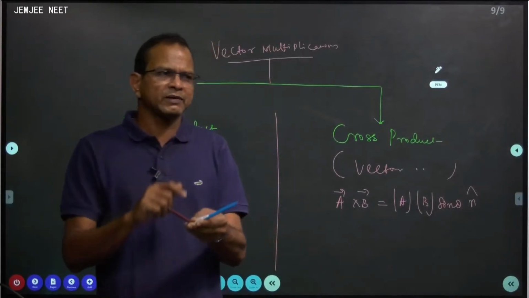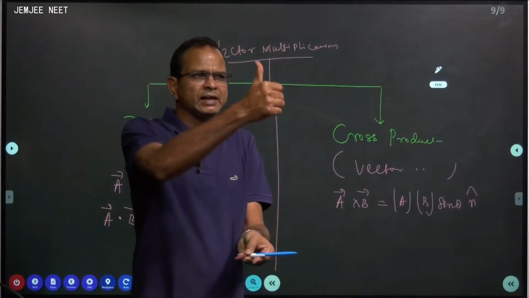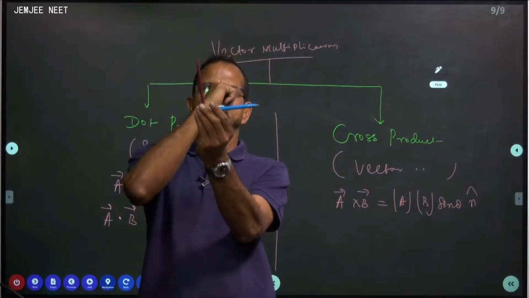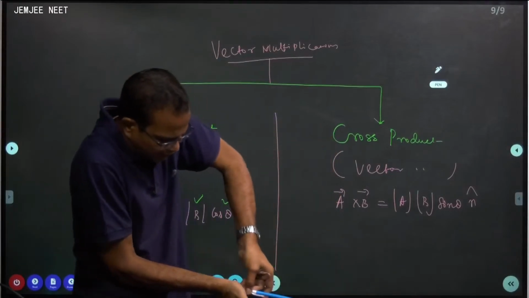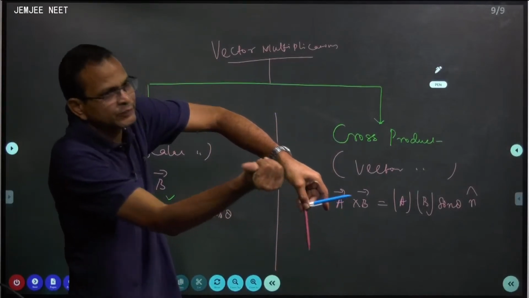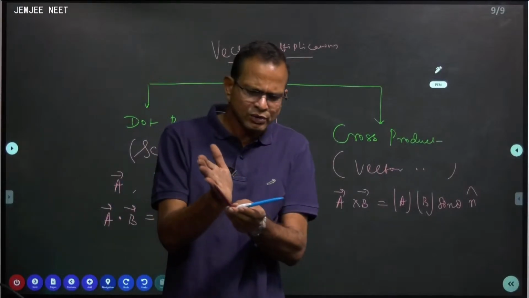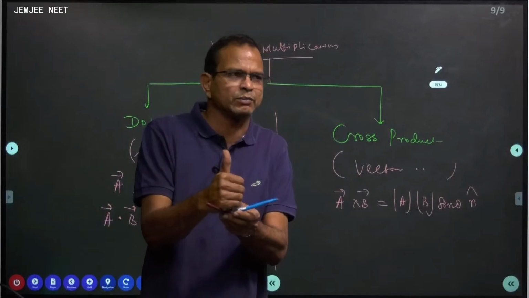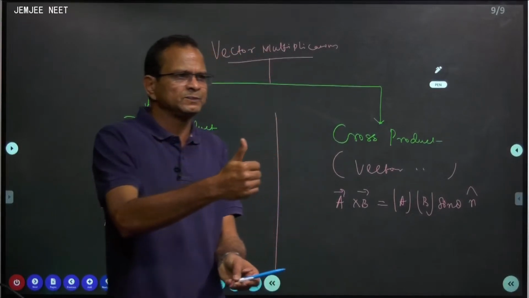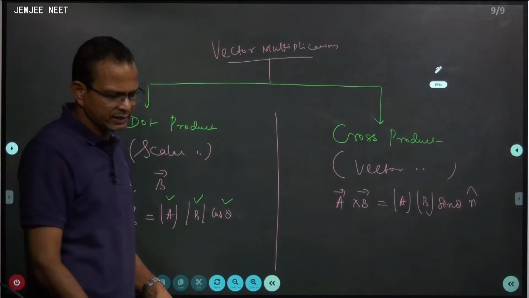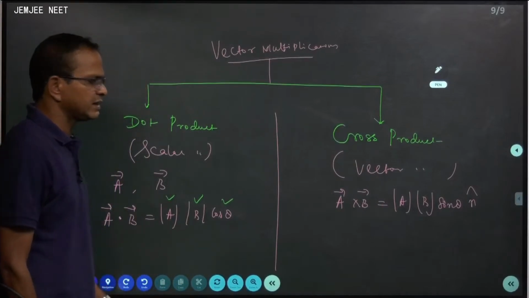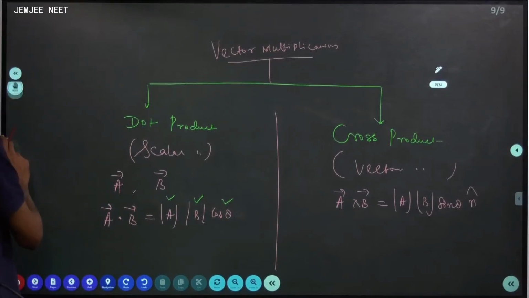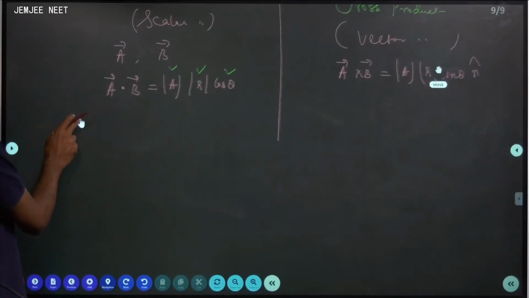So where is the answer? The answer is here. The idea is the fingers should curl from the first vector to the second vector, A to B. What comes out this way is the resultant A cross B. That's what A cross B is. So it's called the right hand thumb rule that we use to find it. Right? Let's go ahead.